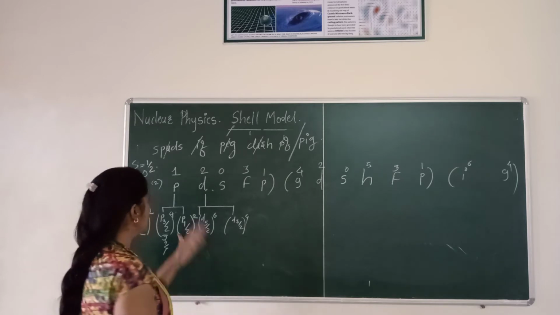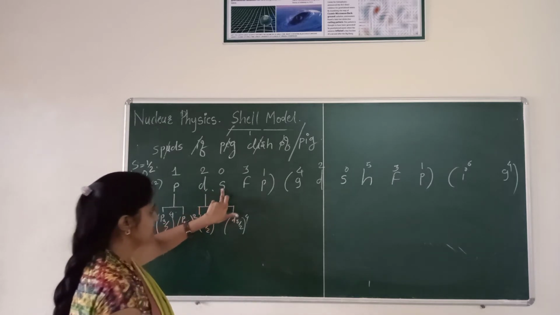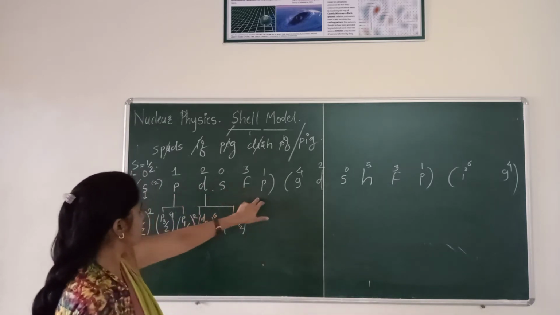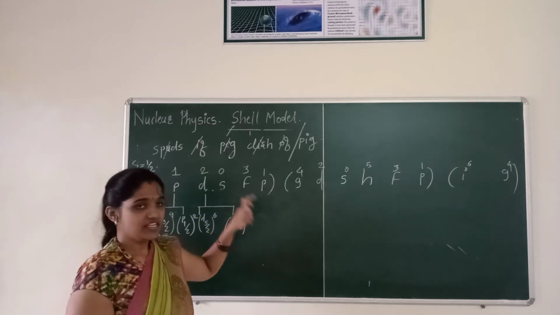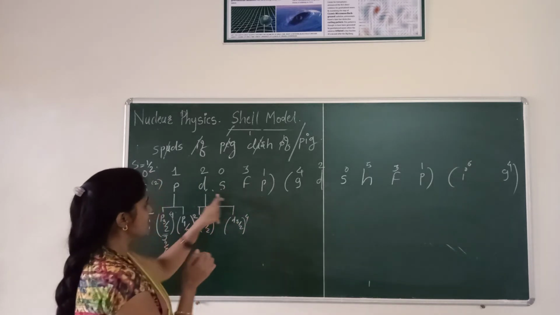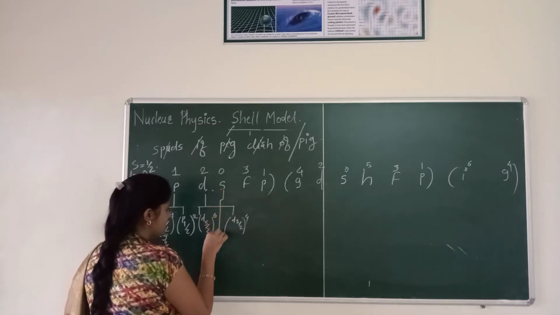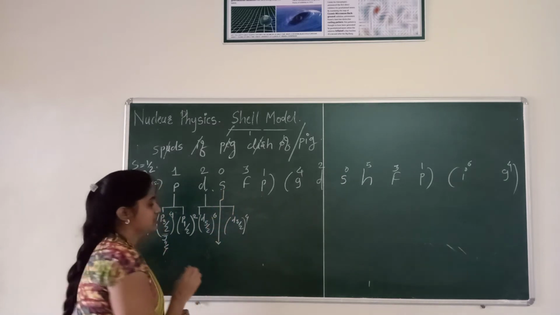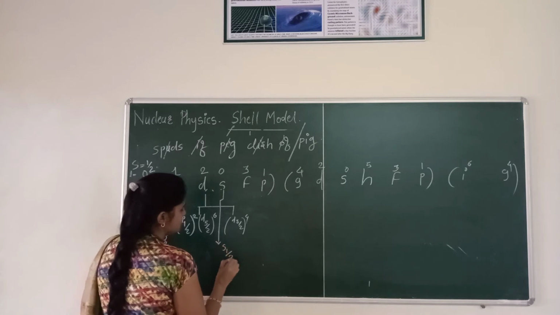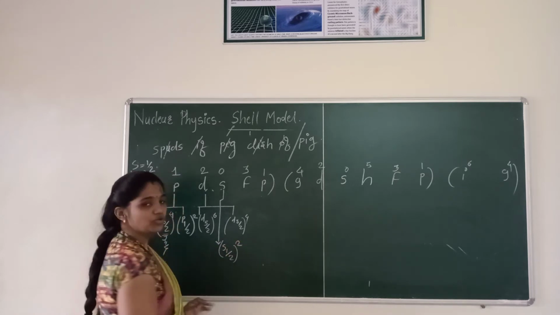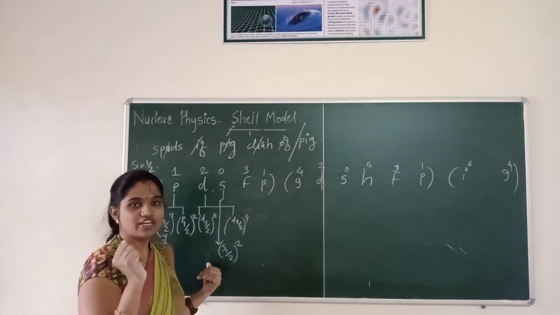Intrusion means the term is repeated. S is repeated after this S, P is also repeated after this P. Then we have to introduce the S term in between these two D. That will be S1/2, 2. That is called intrusion existing.